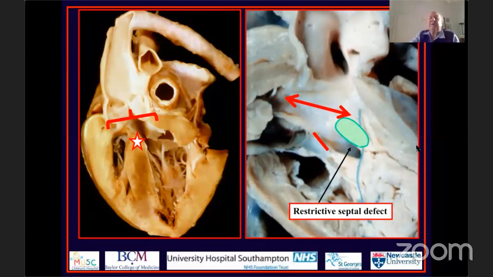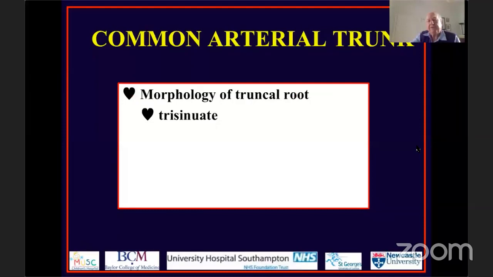So the area that can be resected is the anterocephalad limb of the septomarginal trabeculation, remembering that on occasion within that part, we might find the first septal perforating artery. If the defect has to be enlarged, it might be a price to pay to jeopardize the septal perforating artery so as to provide a confluent channel from the left ventricle into the aortic component of the common arterial trunk.